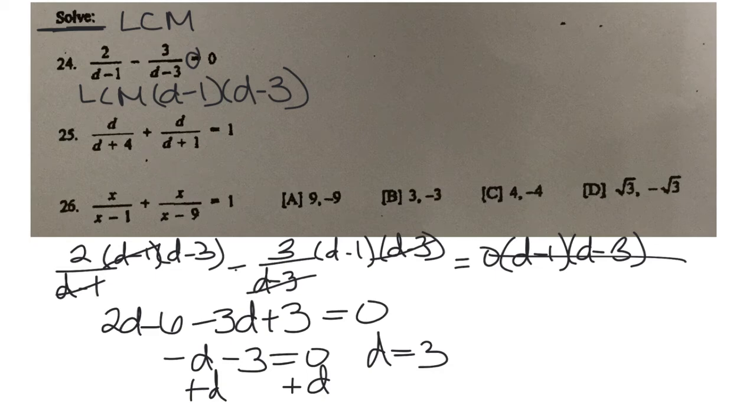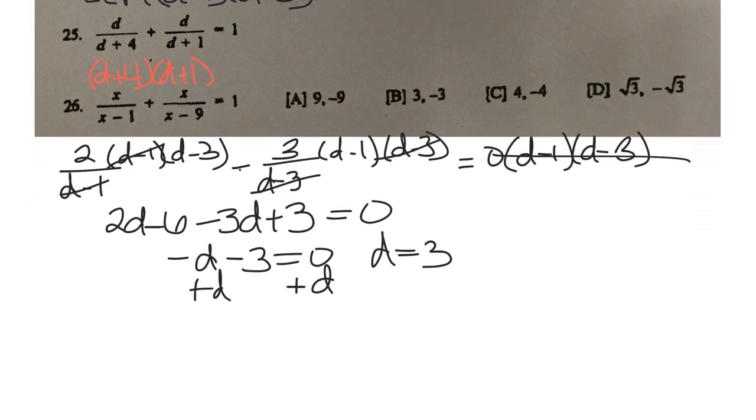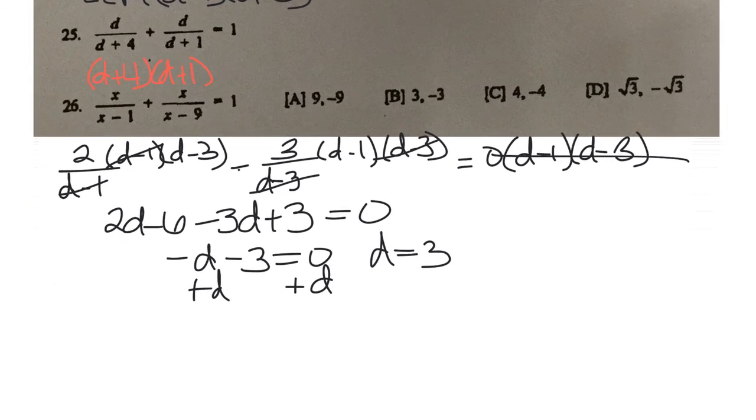Number 25, same thing. In this case, your LCM is d plus 4, d plus 1. I'm going to multiply everything by the entire common denominator so that I get rid of the fraction.